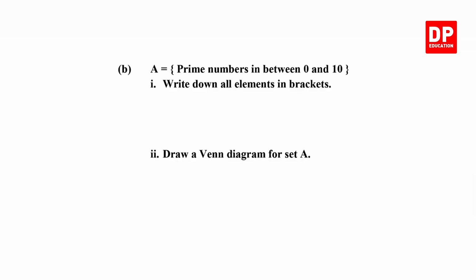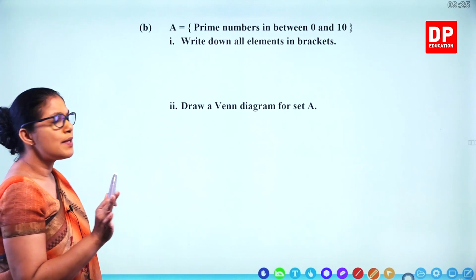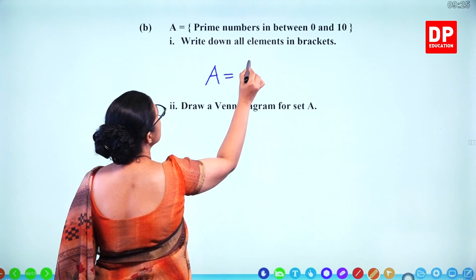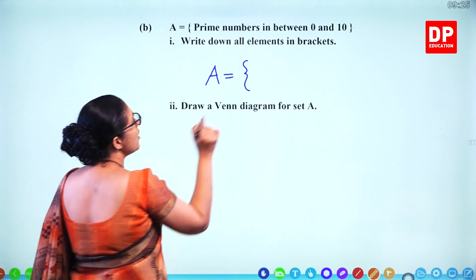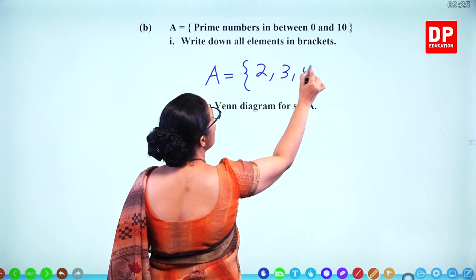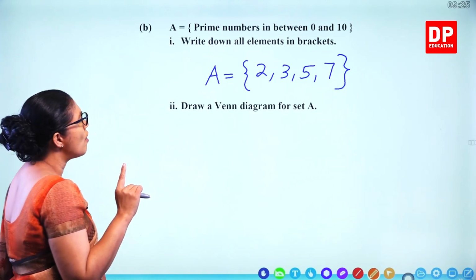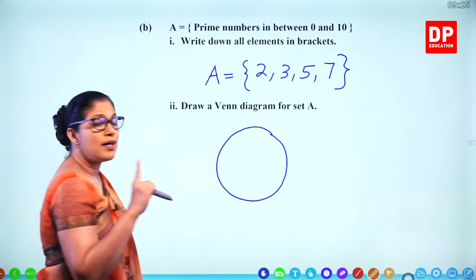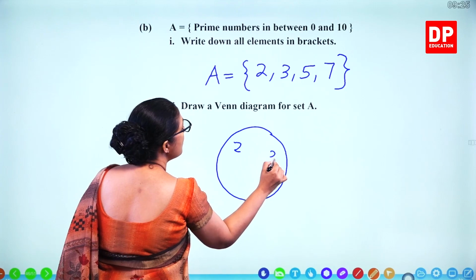Part B, prime numbers in between 0 and 10. Write down all elements in brackets. So when you are writing, you have to write in curly brackets. What are the prime numbers in between 0 and 10? 2 is the lowest one. 3, 5, 7. Draw a Venn diagram for set A. So that means you have to draw a closed figure, a circle, and put all the elements inside.